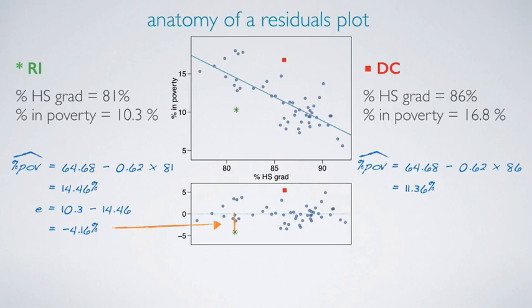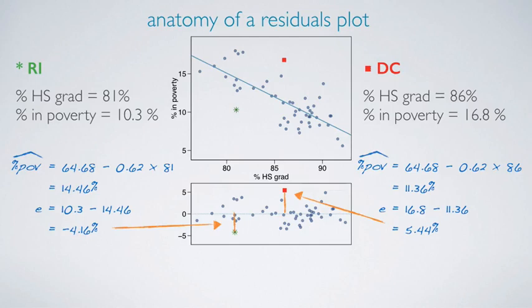In this case, the residual can once again be calculated as the observed value minus the predicted value, and that comes out to be positive 5.44%. And that's the same value that we're seeing on the residuals plot, where on the x-axis we have 86% for DC, and on the y-axis we have the associated residual.